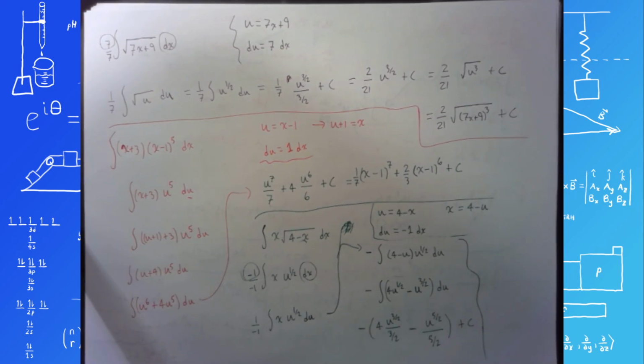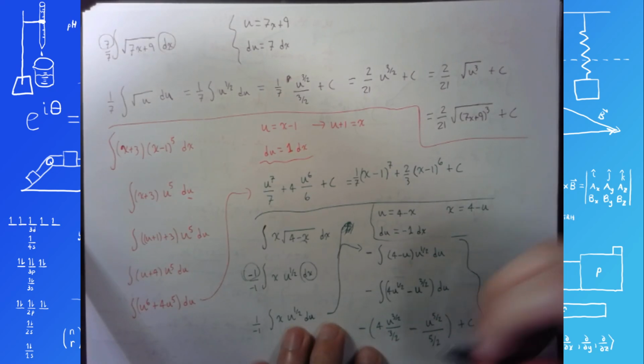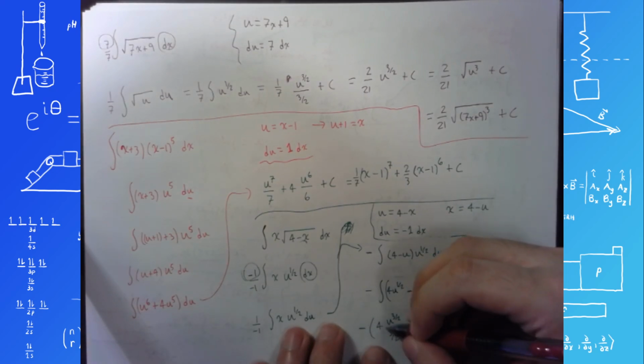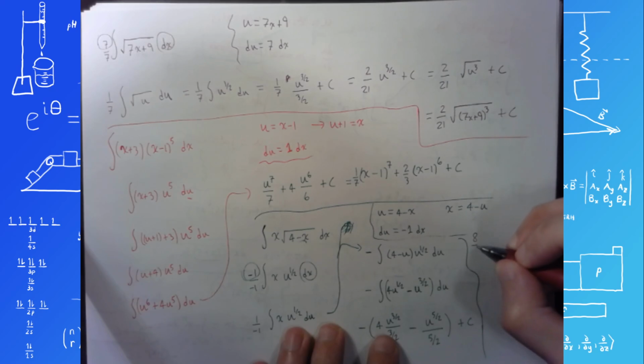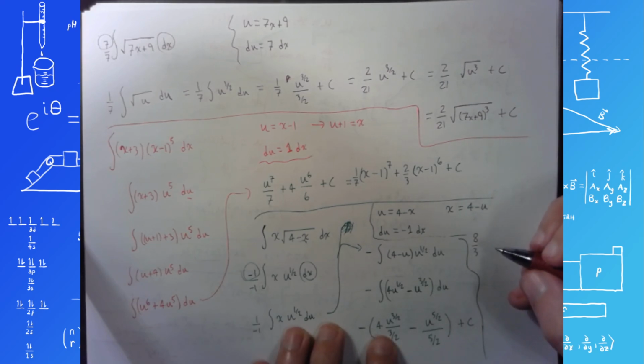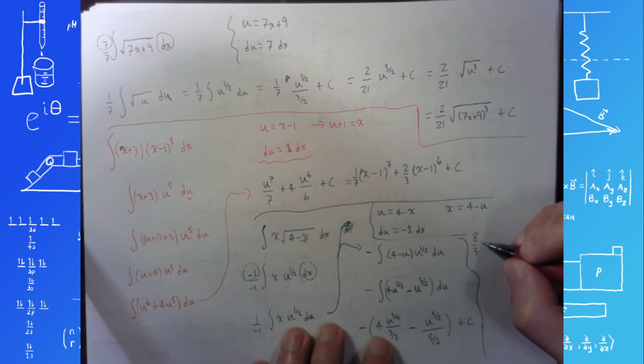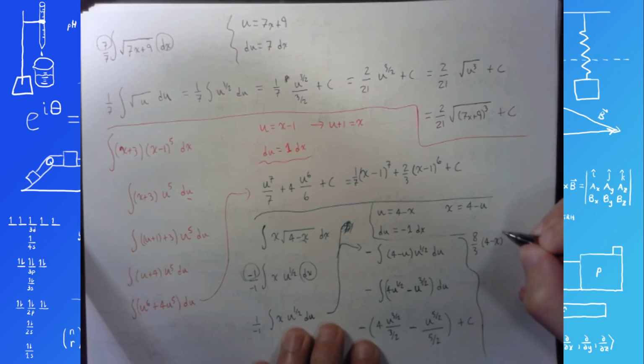Okay, I think I have enough room left over to finish it off right up here. So 4 over 3 halves is 4 times 2 thirds is 8 thirds. So 8 thirds, and then u to the 3 halves. That's 4 minus x to the 3 halves. I think I'm just going to keep it as that, 4 minus x to the 3 halves.